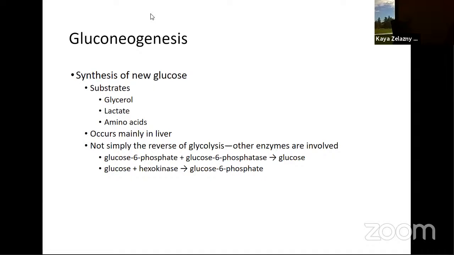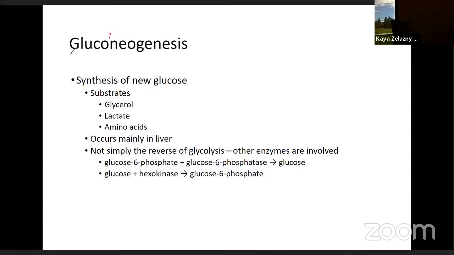Gluconeogenesis is when we make new glucose. So gluco is the glucose part. Neo means new, and genesis is making something, so creating something.